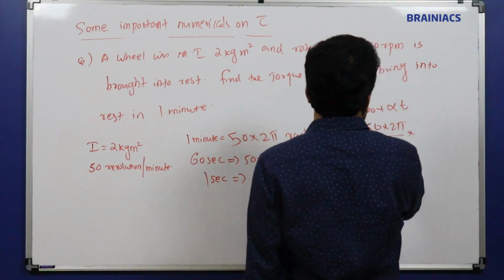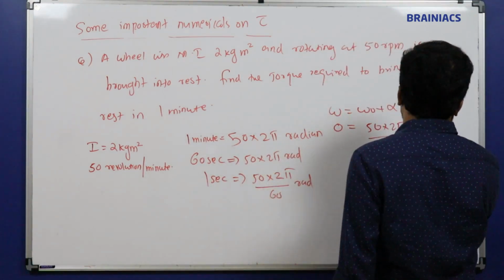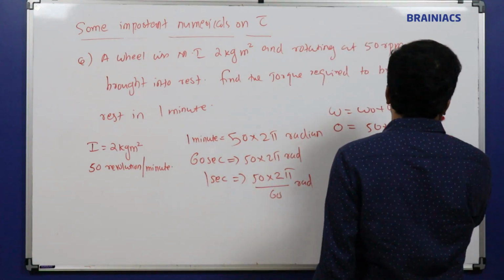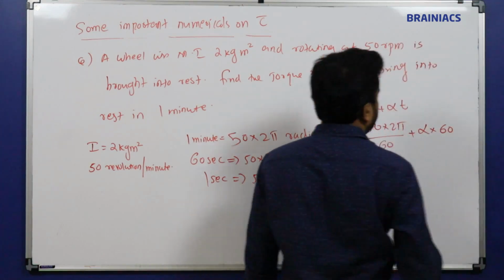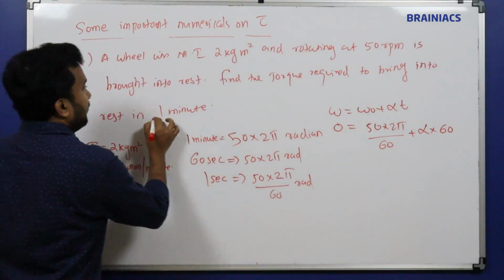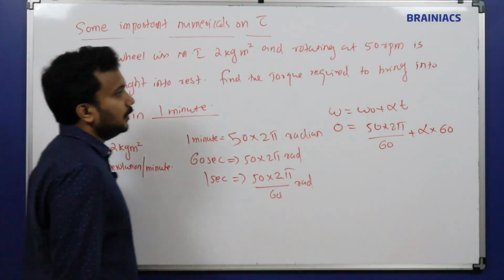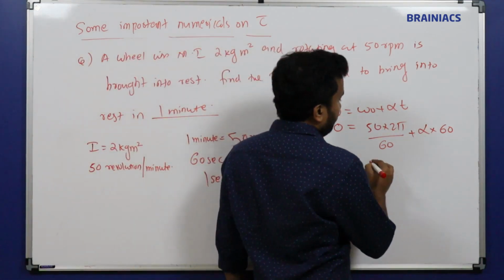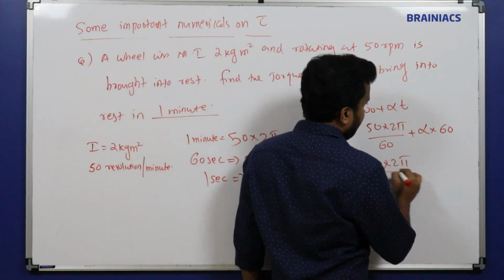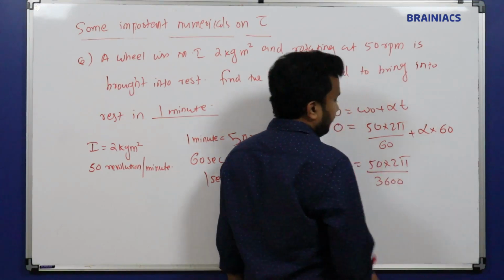Time t is 60 seconds, 1 minute. So we know alpha will be equal to 50 into 2 pi divided by 3600.